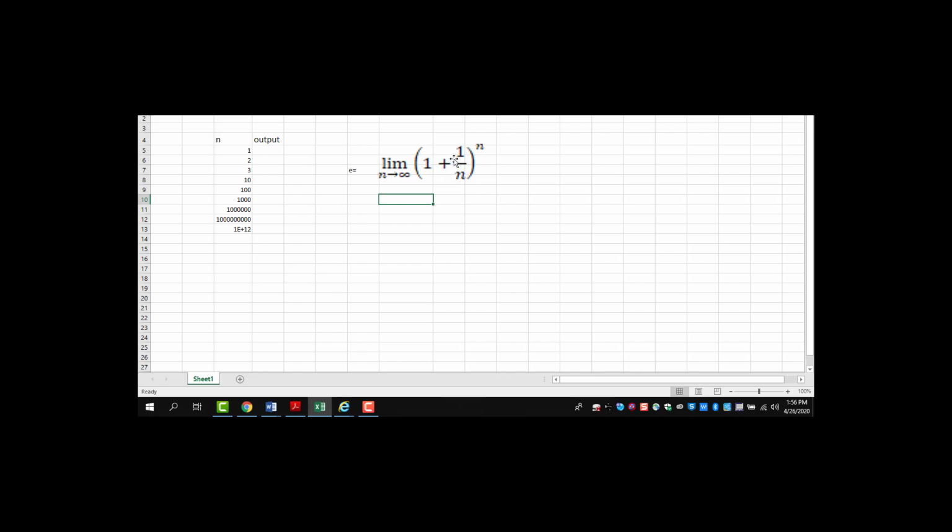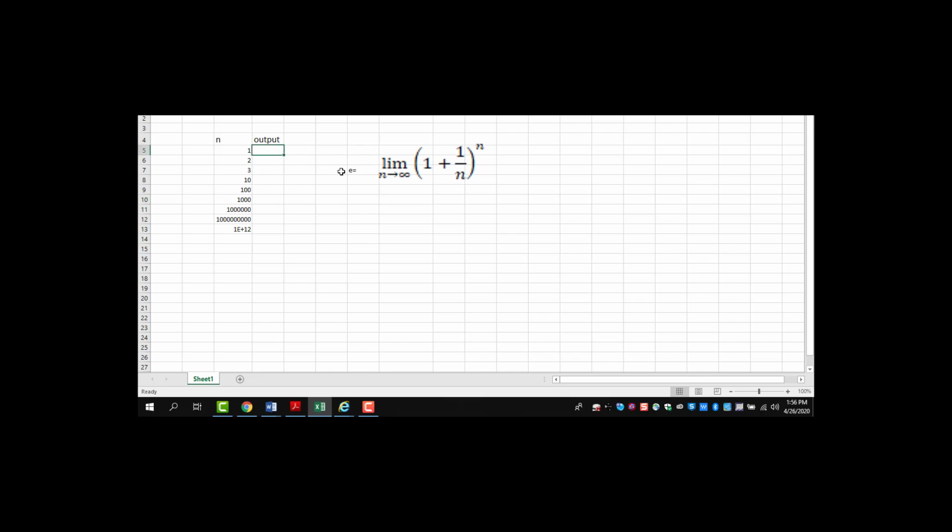So in some ways, it looks like it's crashing towards 1. But then again, look at this here. If this is anything over 1, raising it to the n power makes it bigger and bigger, while this part is making it smaller towards 1. So it's a very odd number.